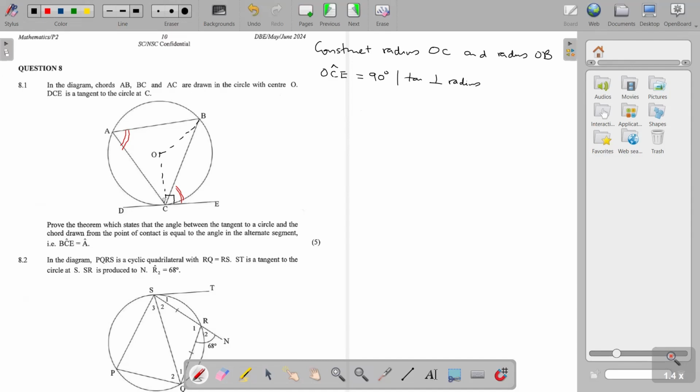Then from there, we can now calculate the angle OCB. So our angle OCB will be equal to 90 degrees minus angle BCE.